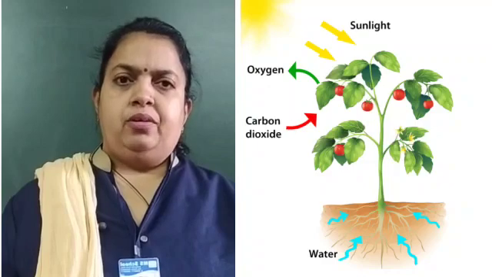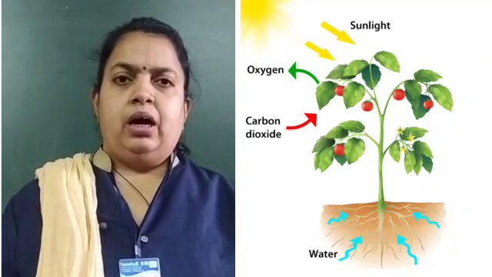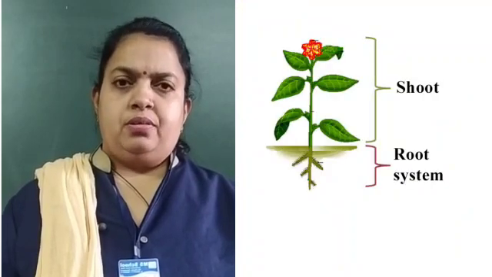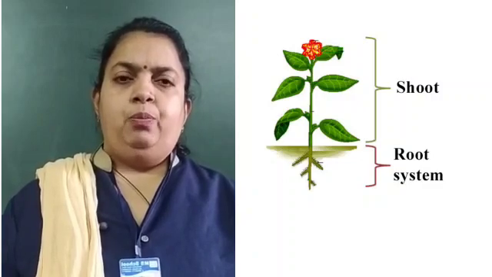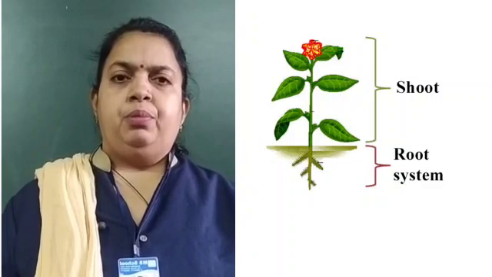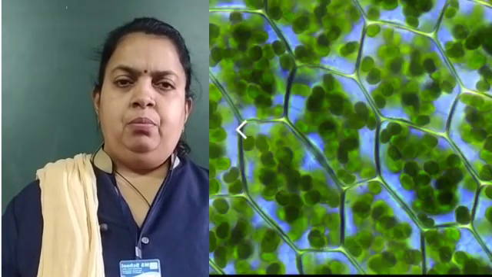Like this, it prepares food, and at the same time, the parts which are above the ground, as you know, they are called the shoot system. They also prepare their food with the help of leaves. As I have taught you earlier, leaves prepare their food with a green pigment in them.